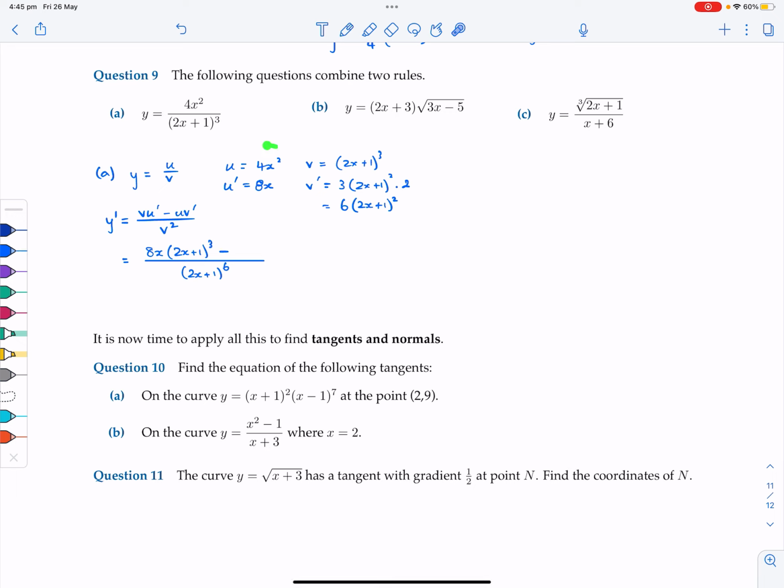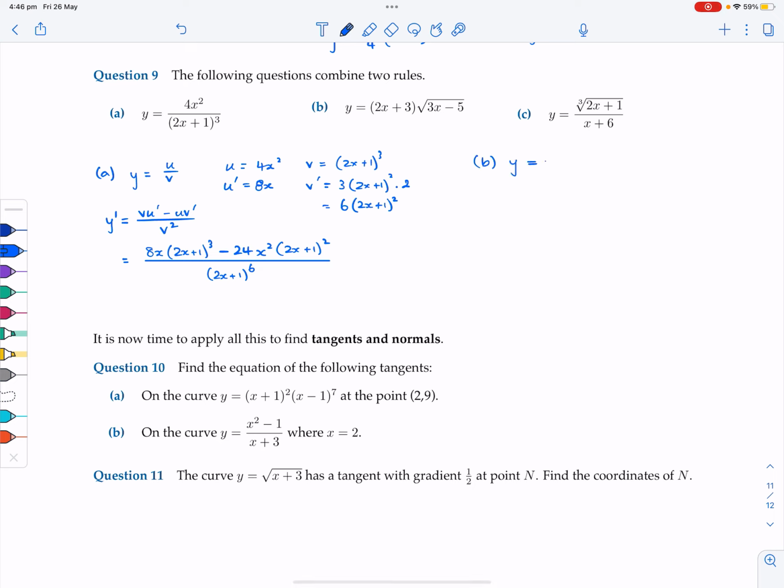Now, u v dash, here's my v dash, but 6 4s are 24. So I've got 24 x squared and then 2x plus 1 squared. There we go. All right, no need to do anything to that. There's the answer.